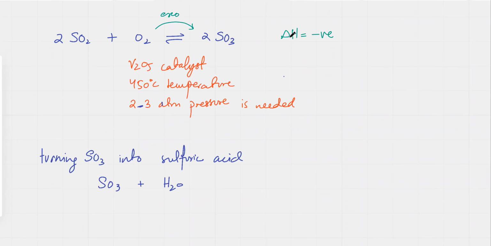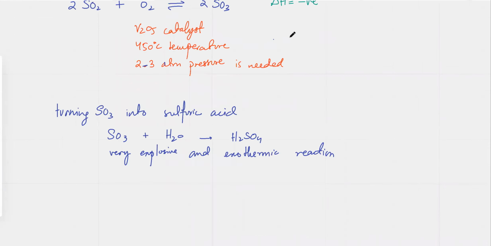To turn SO3 into sulfuric acid, you can react it directly with water. It will turn it into sulfuric acid. The only problem with this is that it is a very explosive reaction, and an exothermic reaction, a lot of heat is produced. So you can't really perform this reaction industrially.